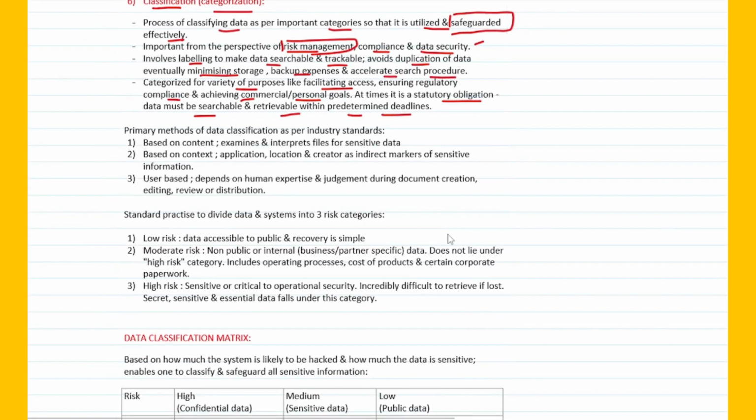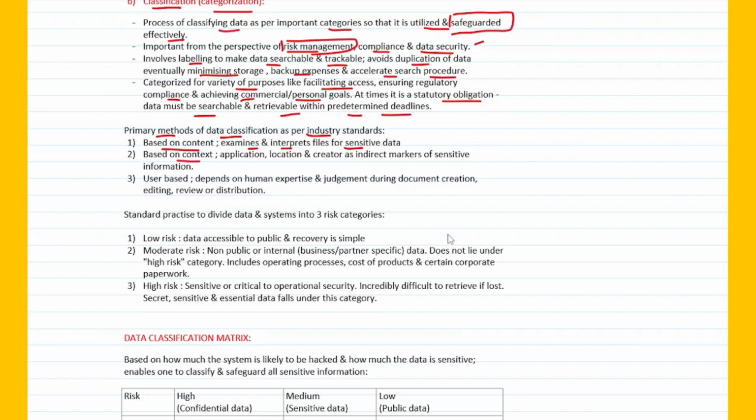Now let's talk about the primary methods of data classification, as per the industry standards. First is based on the content. Now what is based on content? If the data is to be categorized, it can be based on content. It can examine and interpret files for sensitive data. So if it is examining and interpreting files for sensitive data, then that is based on content.